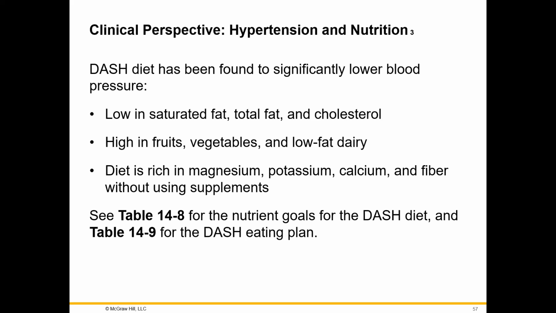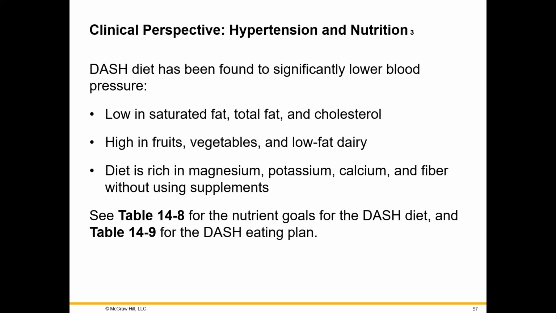This diet's also going to be limited on saturated fats like full fat dairy or fatty meats, and oils like coconut oil, palm oil, and palm kernels, sugar sweetened beverages and sweets, and also sodium. The DASH diet is going to recommend eating no more than 1,500 milligrams per day of sodium.